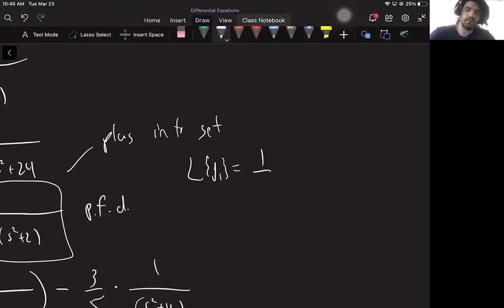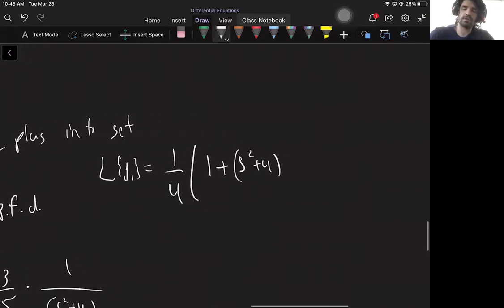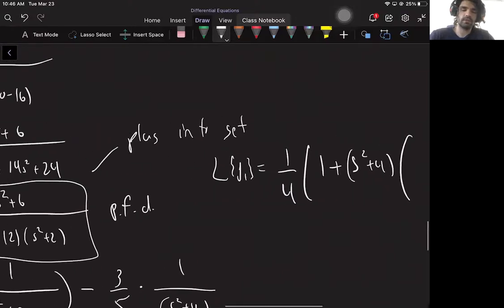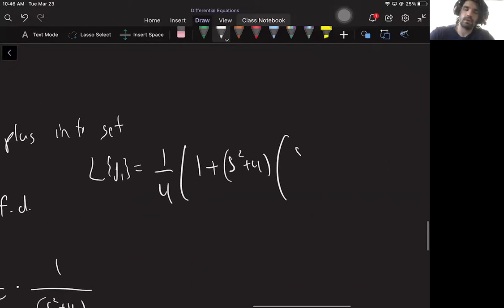So we get 1/4 times, I'm going to bring the 1/4 out to the front, make it look nice, 1 plus s squared plus 4, and this is where L of y1 was. So now I'm replacing L of y1 with this big thing here, s squared plus 6 over s squared plus 12 times s squared plus 2.